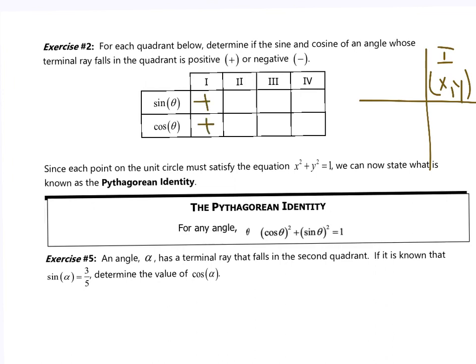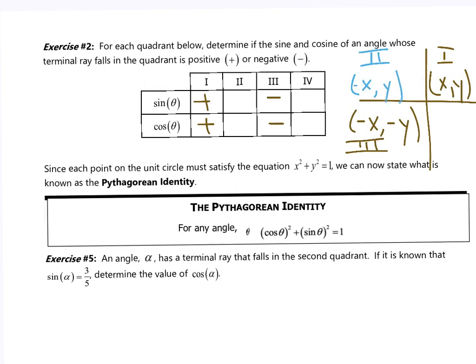On the contrary to that, quadrant 3 is both values negative. So your sine and your cosine are both going to be negative. Those are the easy ones to remember, right? Now in quadrant 2, one of them is negative. Which one?